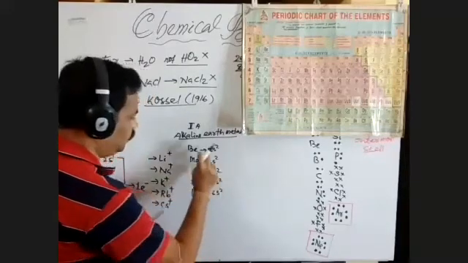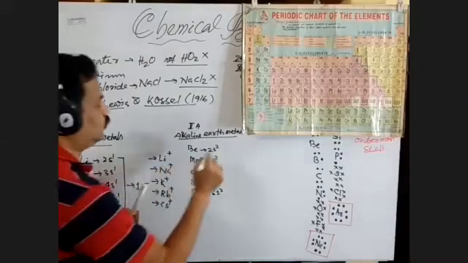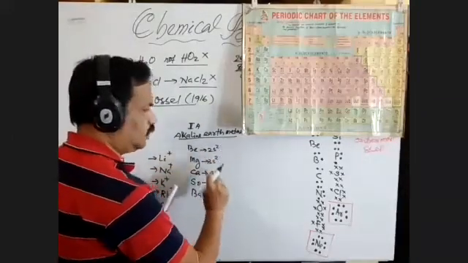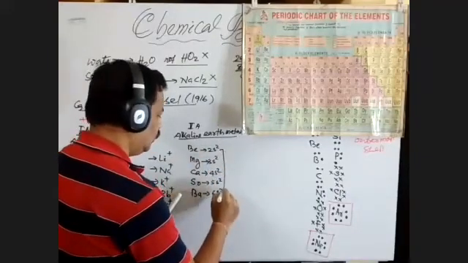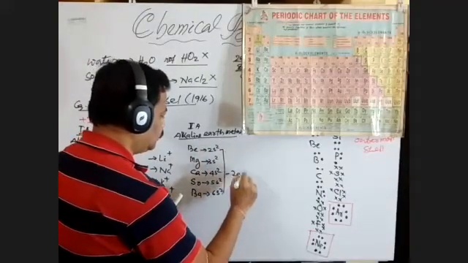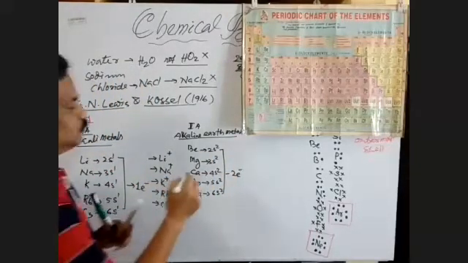That means they have two electrons in their outermost shell. Because these electrons are present far away from the nucleus, they have a tendency to lose how many electrons? Two electrons. They lose the two electrons to form what?